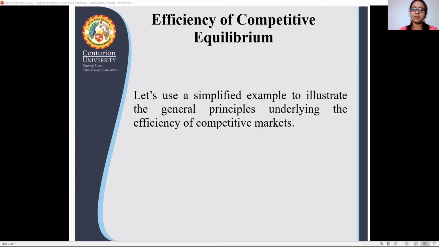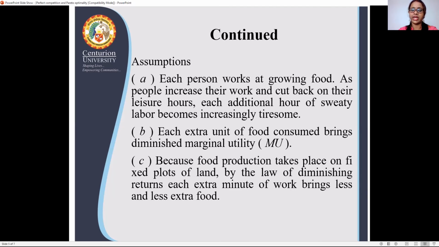Let's take a very simplified example to discuss the principles underlying the efficiency of a competitive market. Let's consider a very idealized situation, where there are three assumptions. First, all individuals are identical.